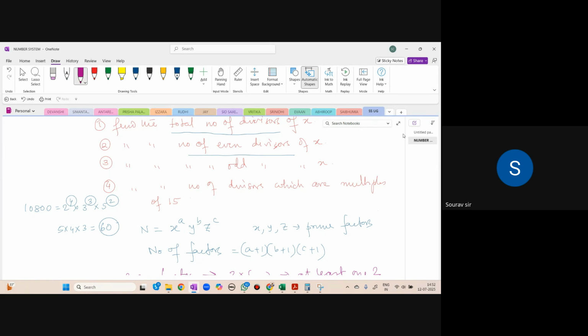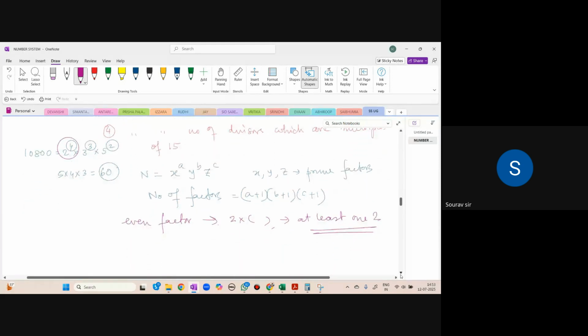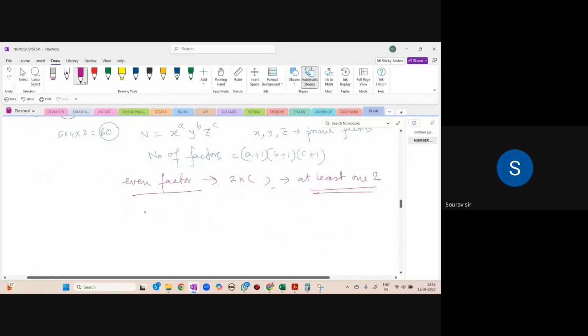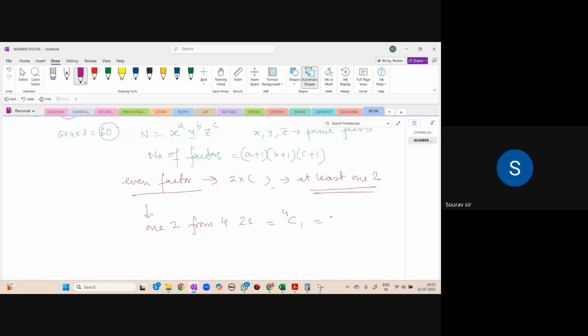Understood? Now here you have four 2s. So to get an even factor, you need at least one 2, which means from four 2s you select one 2, which is 4C1. So you can select one 2 from four 2s in 4 ways.